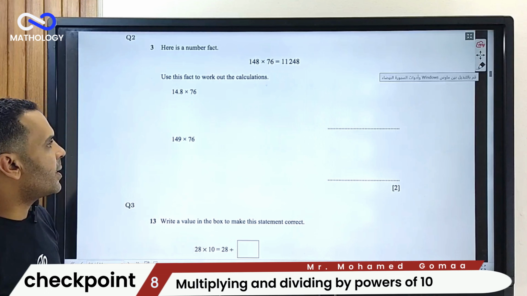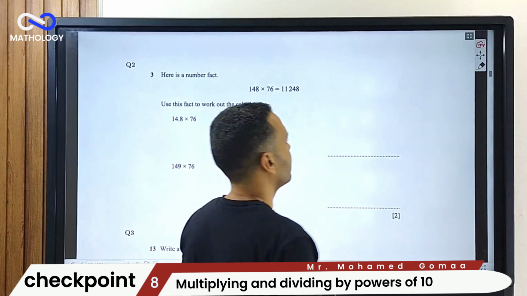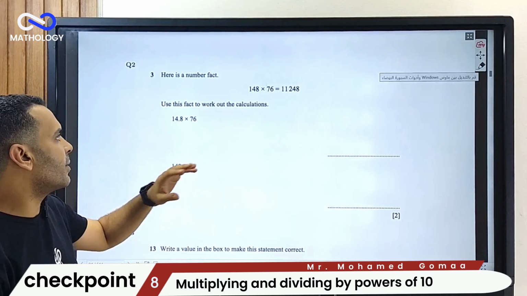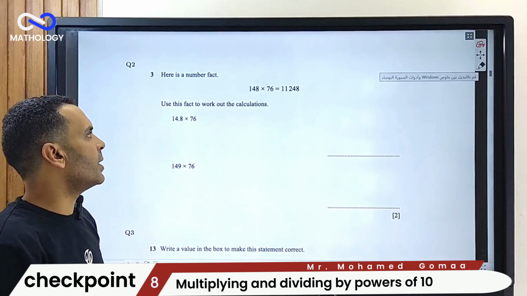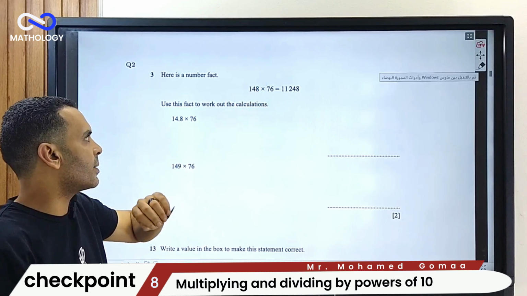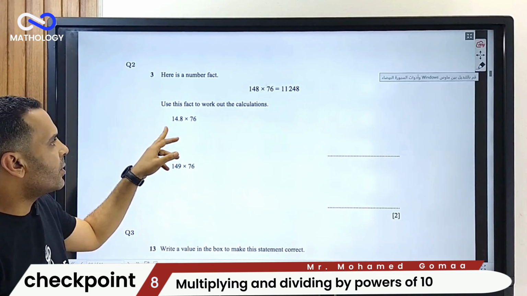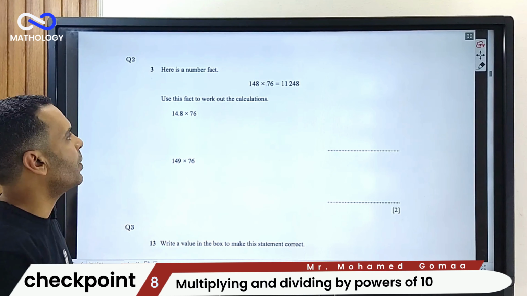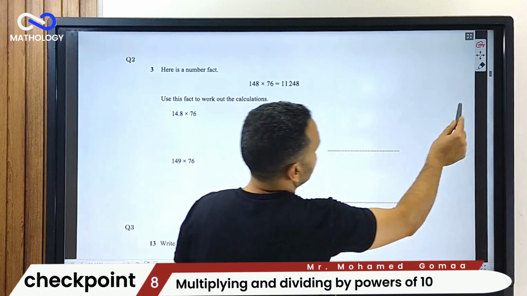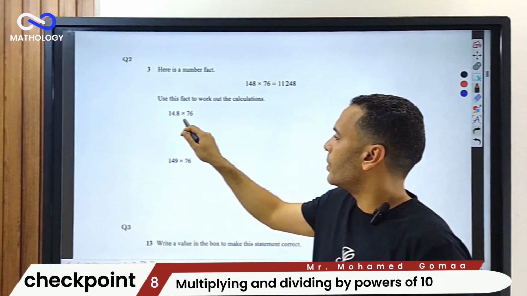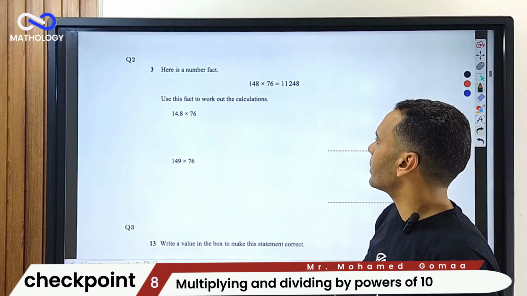Multiply the decimal. Okay, or mathematical fact first. 148 multiplied by 76 equals this number. This mathematical fact: if you put the decimal point after one digit, after 8 from the right, 14.8 multiply 76.